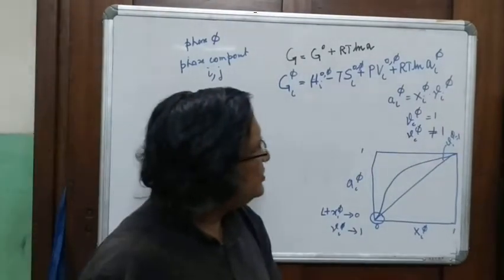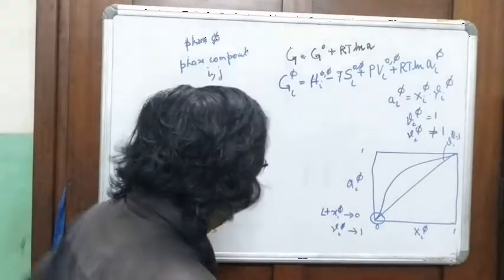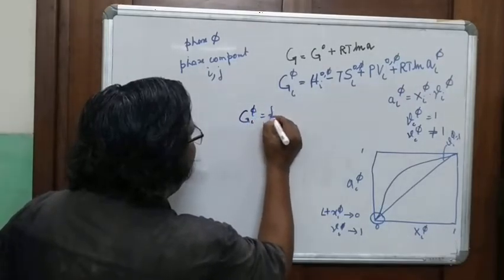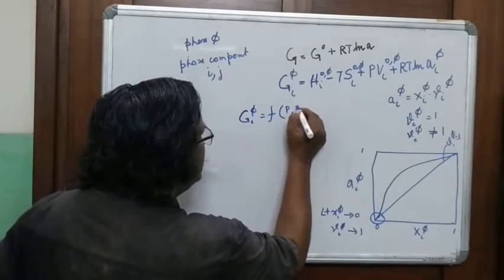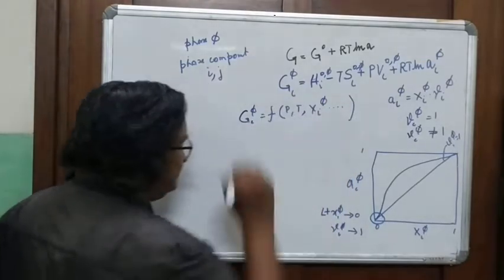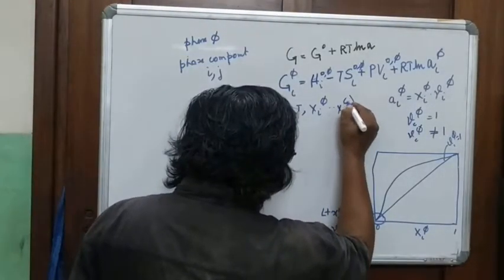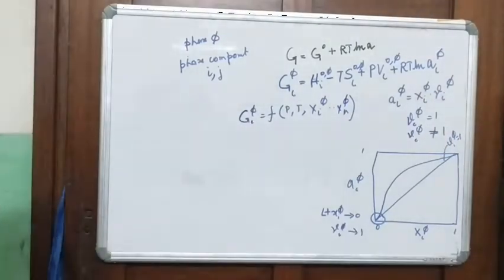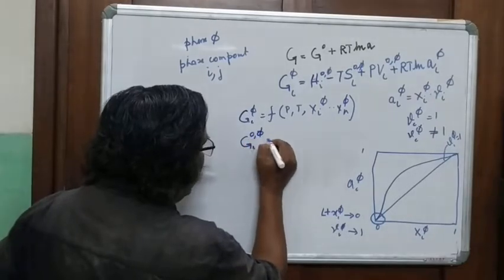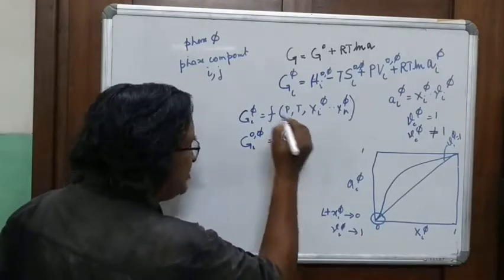Now, having said this, it is important to realize at this moment that G_i phi is a function of pressure, temperature, and x_i phi, or you can also write x_j phi for multi-component systems. But G_i0 phi is only a function of pressure and temperature.